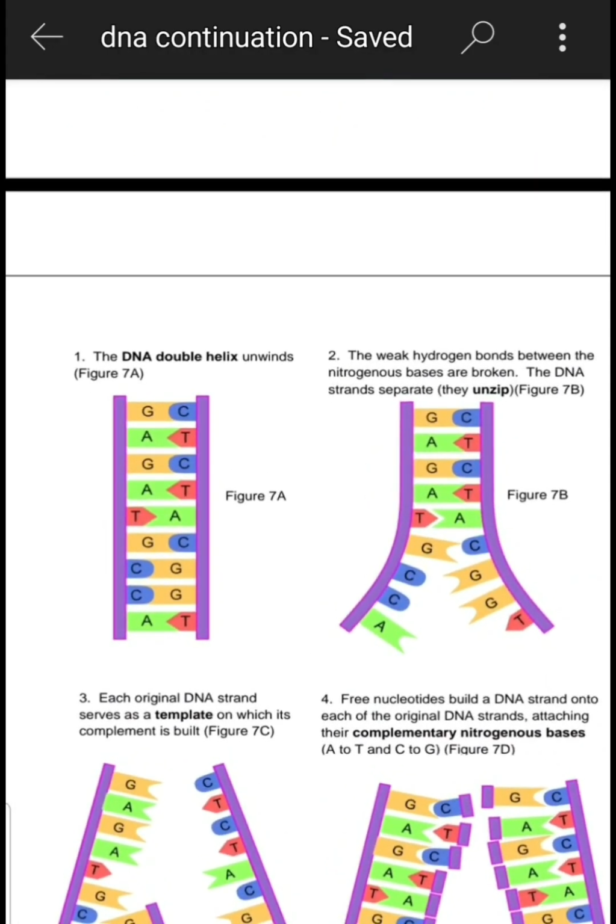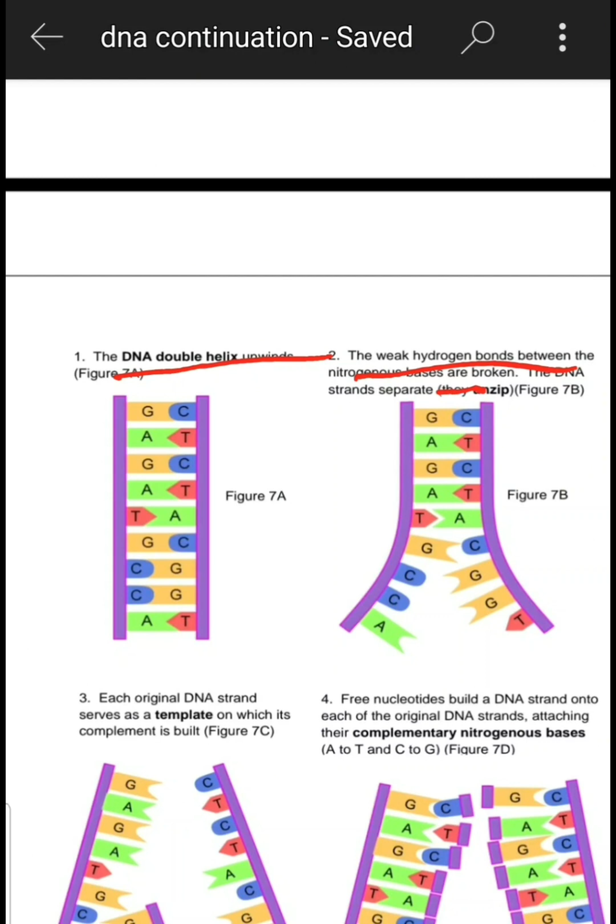So the DNA double helix unwinds. The DNA has a double helix shape, right? And it's twisted together. So the first thing that happens is the DNA double helix unwinds. Then the weak hydrogen bonds between the nitrogenous bases are broken.